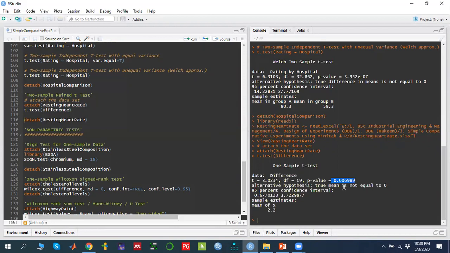So that is indicating that after the running program, the resting heart rate is improving. The p-value is indicating that H naught should be rejected and H1 should be accepted, which means again that the paired t-test is indicating that the running program is better for the resting heart rate.